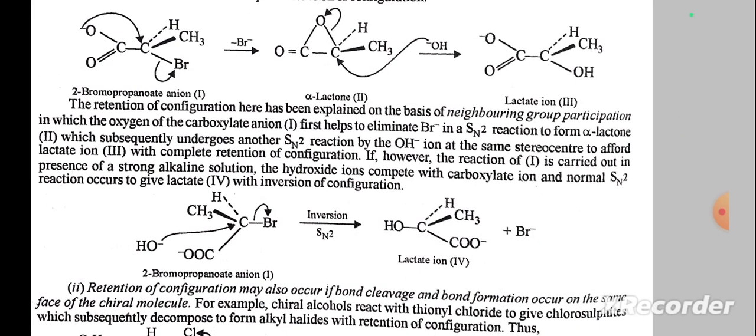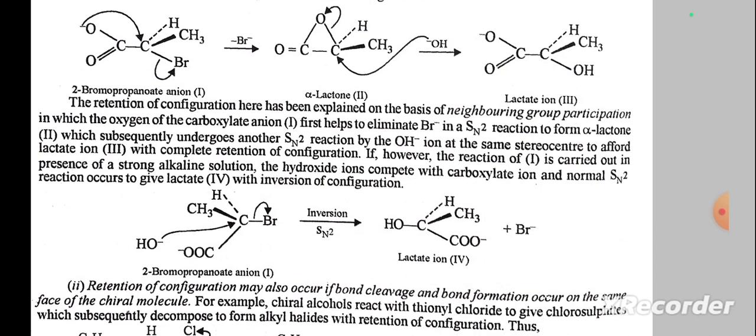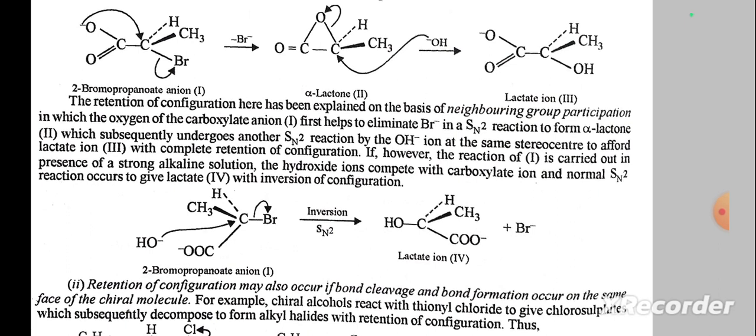The retention of configuration has been explained on the basis of neighboring group participation, in which the oxygen of the carboxylate anion first helps to eliminate Br in an SN2 reaction to form the alpha-lactone. This subsequently undergoes another SN2 reaction by the OH ion at the same stereocenter to afford the lactate ion with complete retention of configuration.